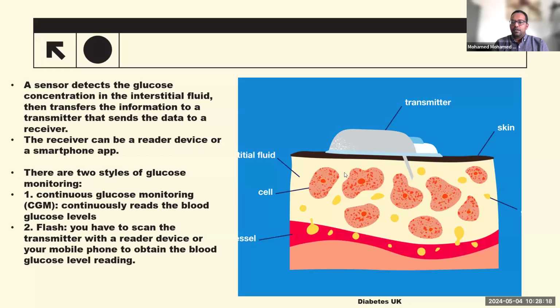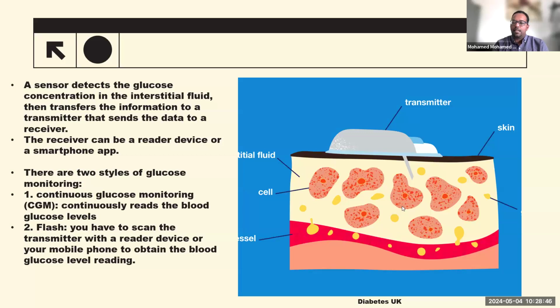So the current technology of having the sensors, there are basically three parts that work, principally speaking: the sensor, the transmitter, and the receiver. Whenever you have a sensor attached to your body, this sensor checks the blood glucose, not in the blood, it's very important, but in the interstitium.